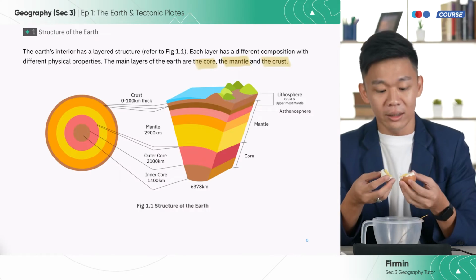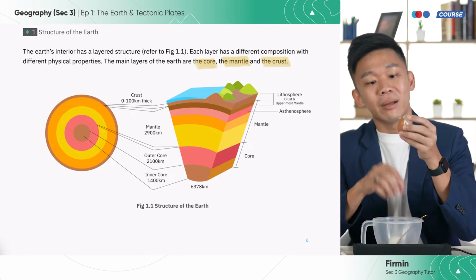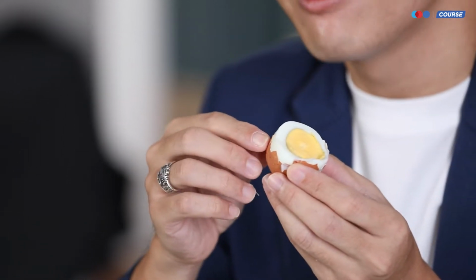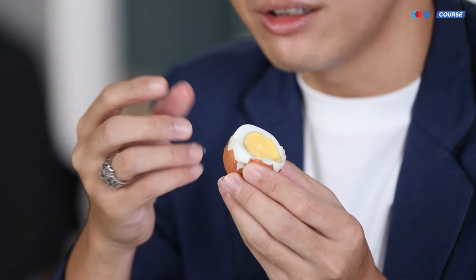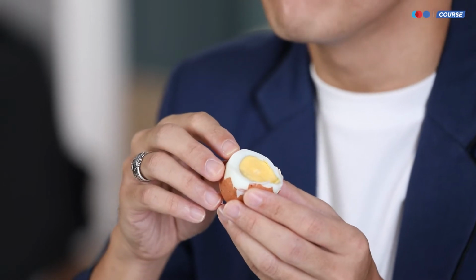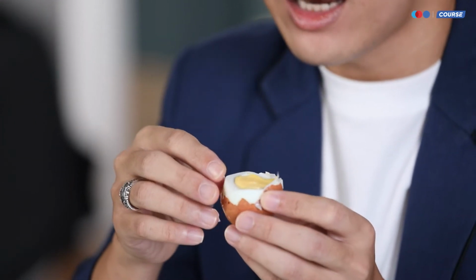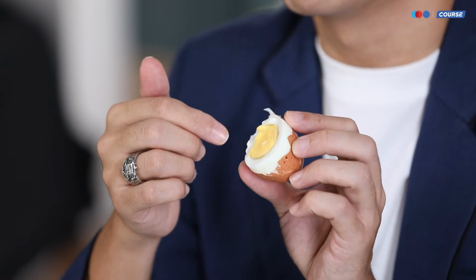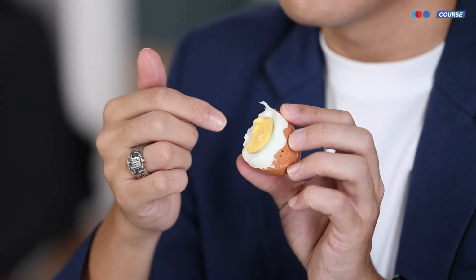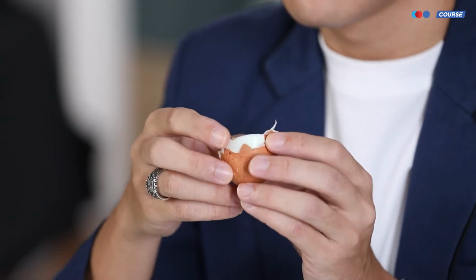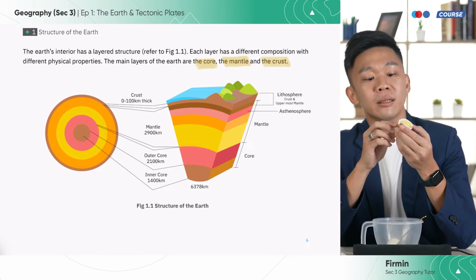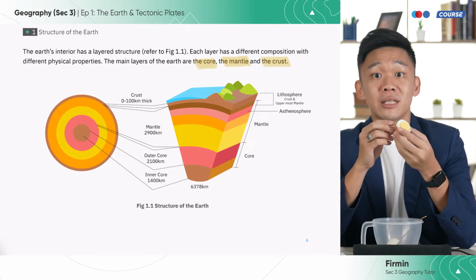So in this egg, there's a crust, which is the shell, the egg white, which is the mantle of the Earth, and the egg yolk, which represents the core of the Earth. Now, in each of these different layers, there are different physical properties. So we're going to move on to understanding the properties of each of these different layers.